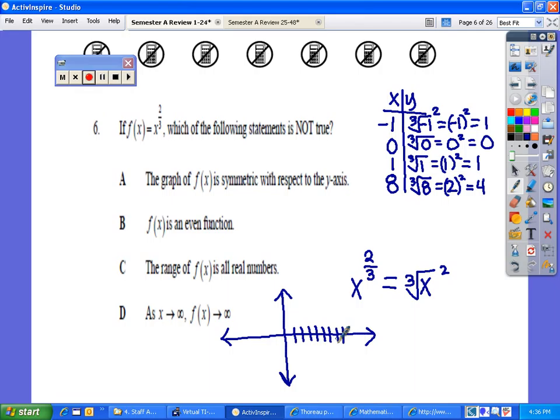And I can even go so far as to do -8 as well. The cube root of -8 is -2, squared is 4.